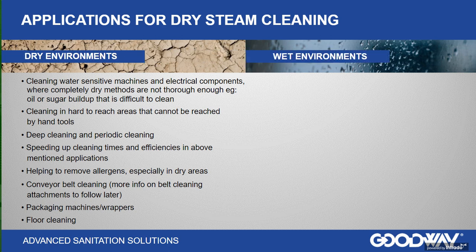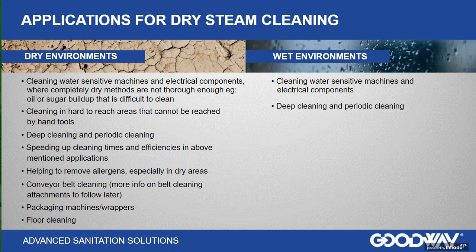And then, of course, in wet environments, there's several benefits to using dry steam as well. For the same cleaning of water-sensitive machines and electrical components, things like control panels, those flow wrappers and packaging machines I mentioned, motors, conduit, doing deep cleaning and periodic cleaning as well. Periodically sanitizing drains.